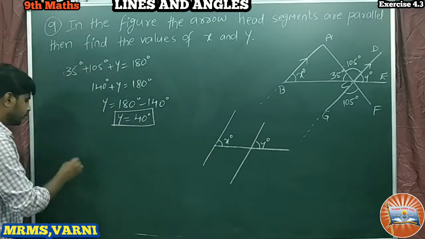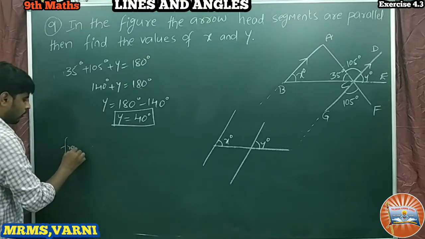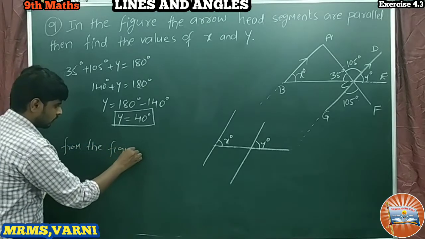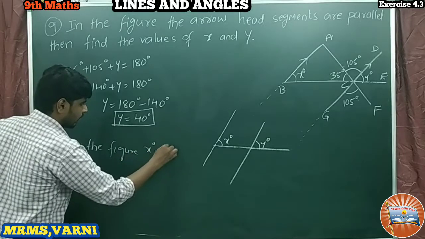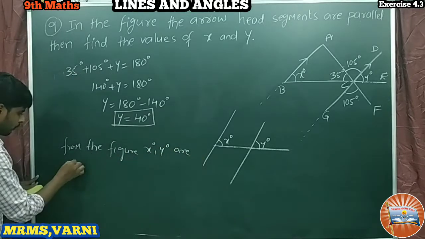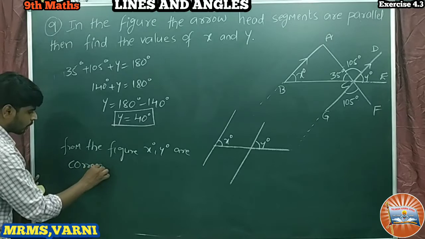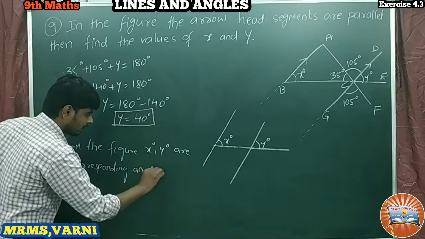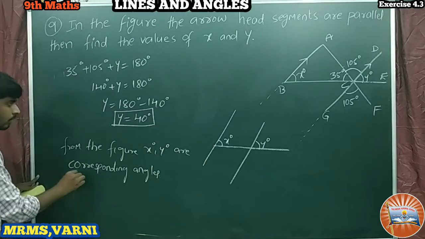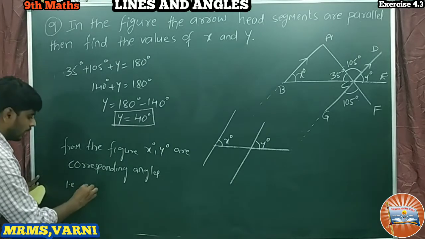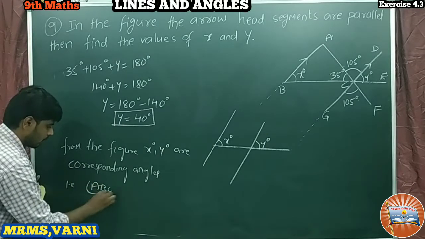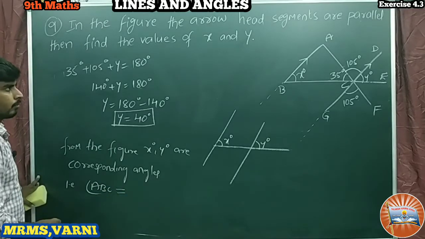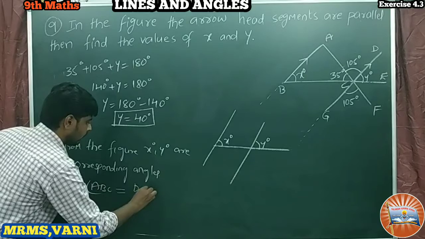So let us write here. From the figure, x degrees, y degrees are corresponding angles. What is the x degrees? Nothing but angle ABC or CBA, both we can write. Angle ABC is equals to angle DCE.